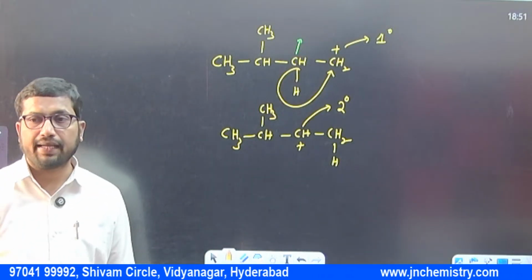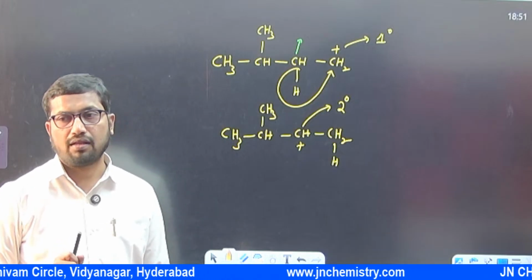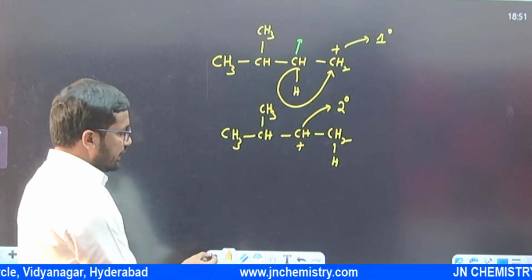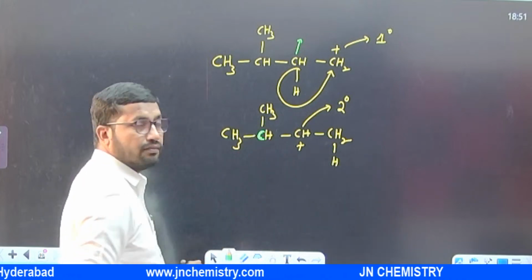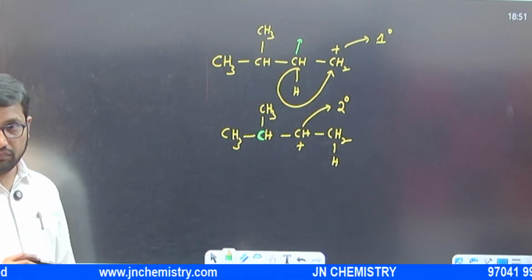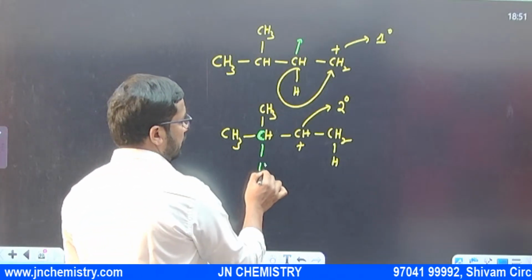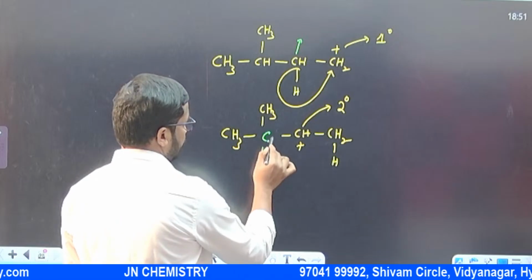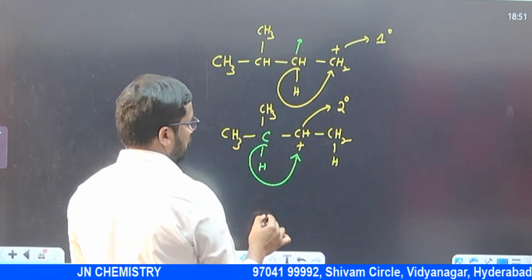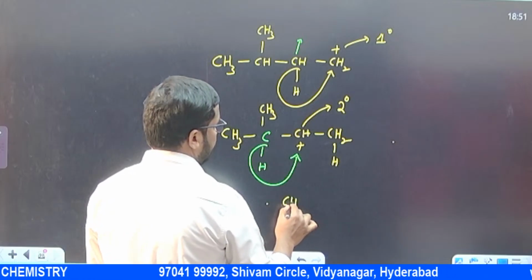Now, once again, does rearrangement take place or not? Once again, this carbon is which carbon? 3 degree. The hydrogen I am writing like this. What exactly happens? CH3.